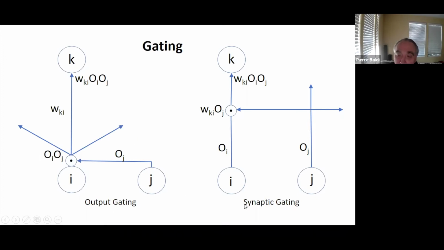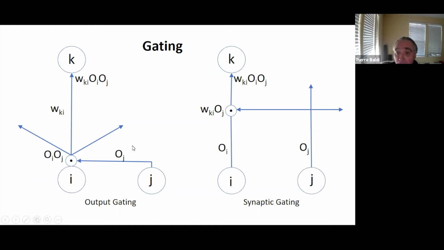But there is also a slightly different form of gating where you do synaptic gating, where you have a neuron I connected to K by a synapse WKI. And again, neuron J is now gating the synapse, where you get a new synaptic weight equal to this product. And when you reach neuron K, it's the same thing. There is no difference.